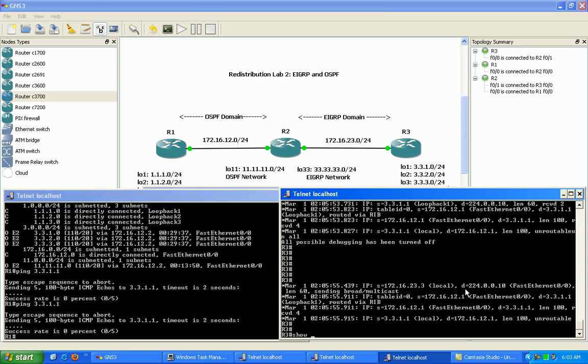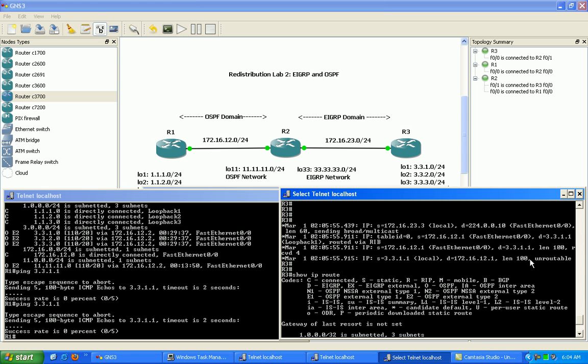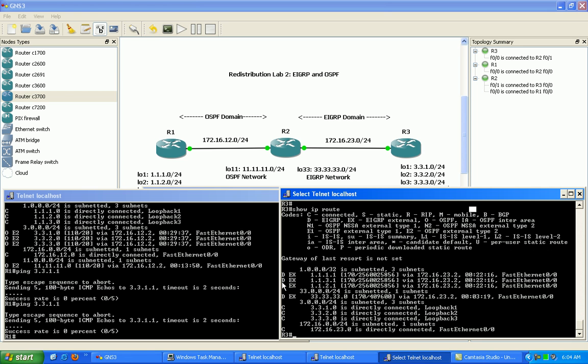Now that we have broken our redistribution here, because we redistributed the interface loopback 33 into EIGRP and broke our network here, we don't have the 12 network anymore within router 3's routing table. So those packets are coming back as unroutable.